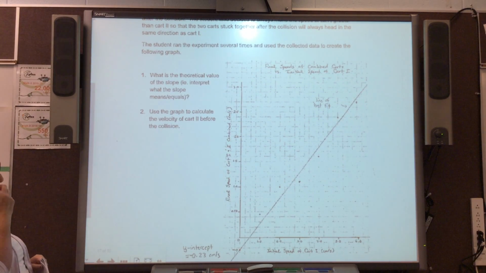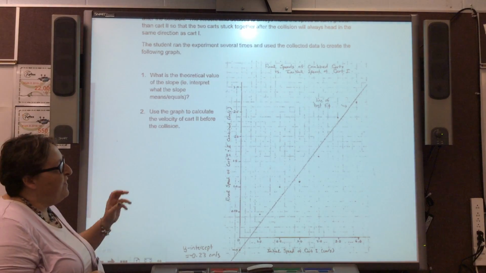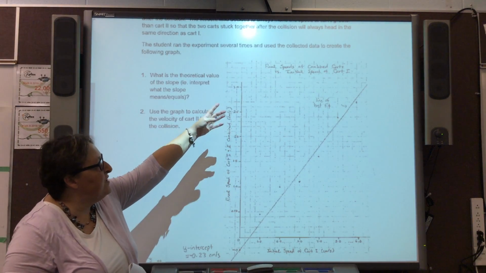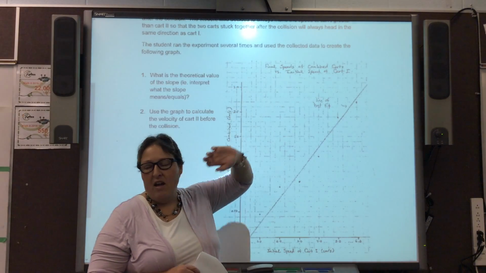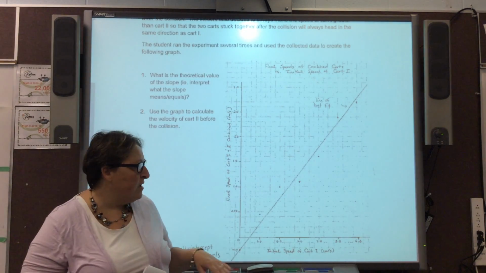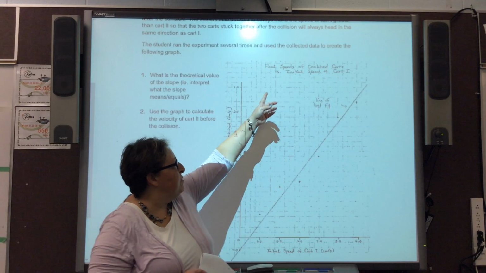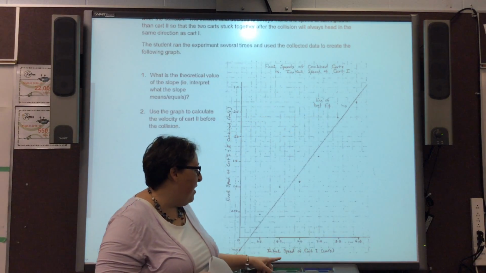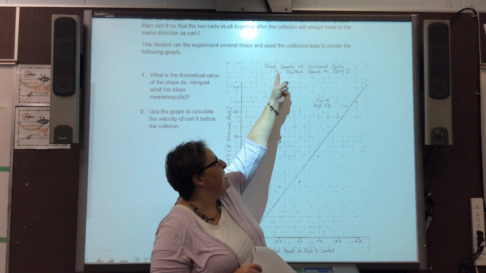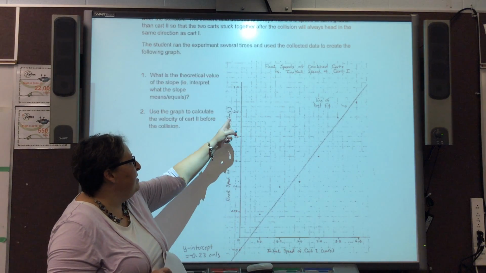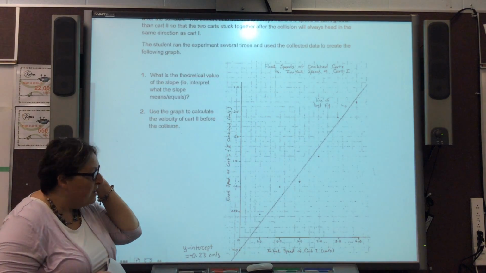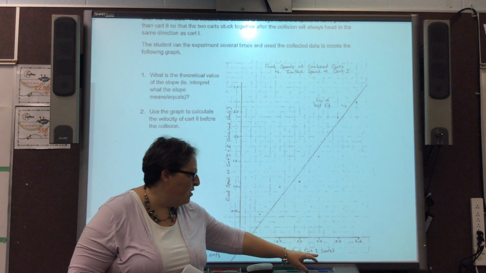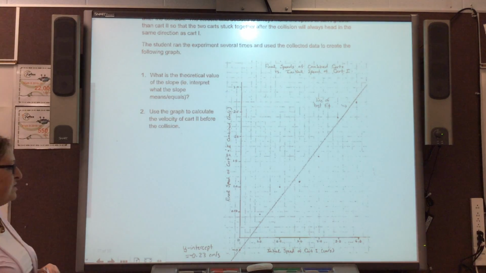So you can see from this graph that this is the final speed of the combined carts versus the initial speed of cart 1. Very plain, straightforward heading. Here on the x-axis, we're going to see the initial speed of cart 1, and on the y-axis, the final speed, and we see that it's in centimeters per second, so something to pay attention to.